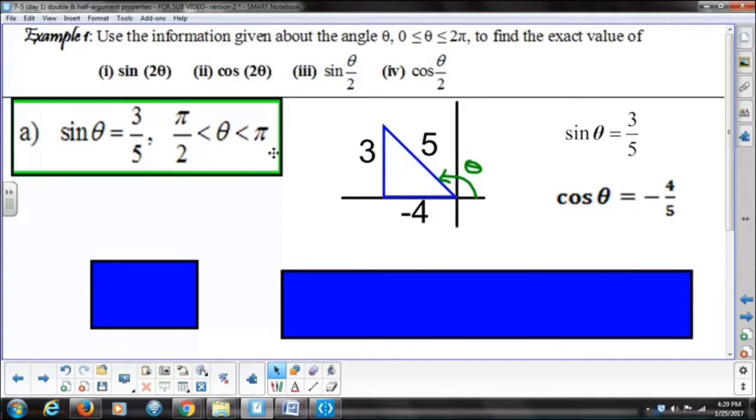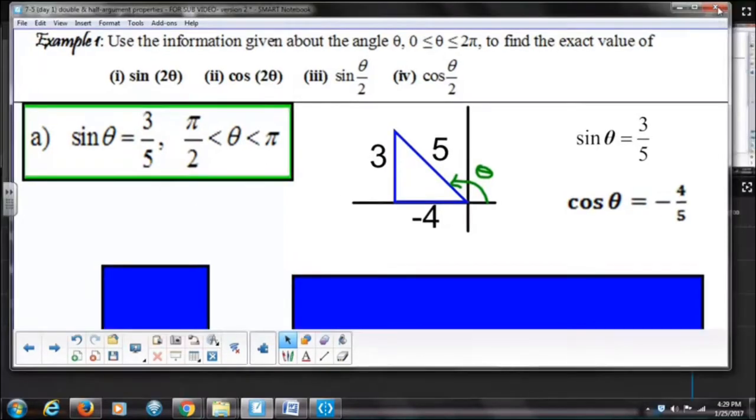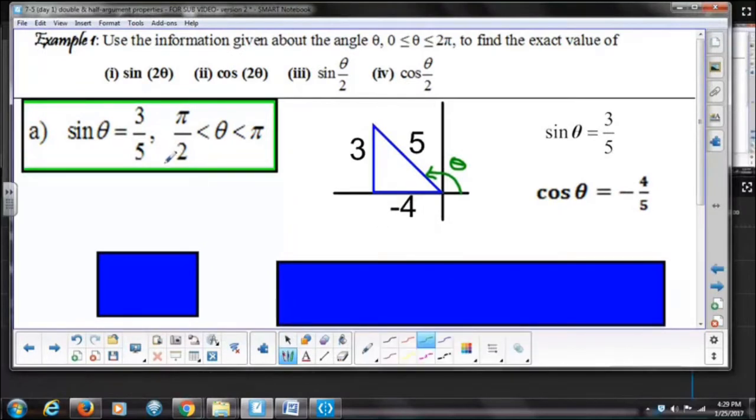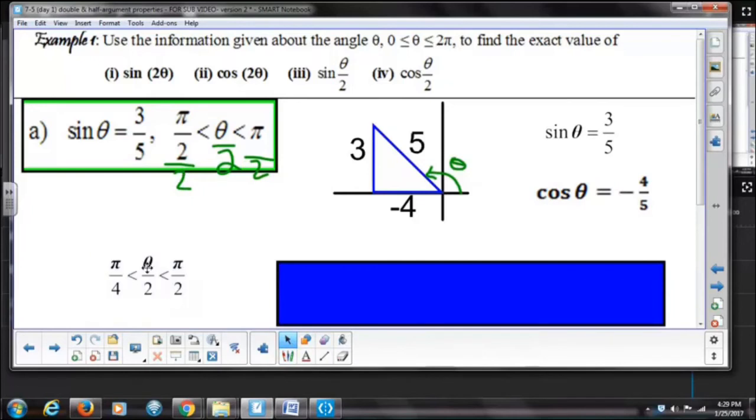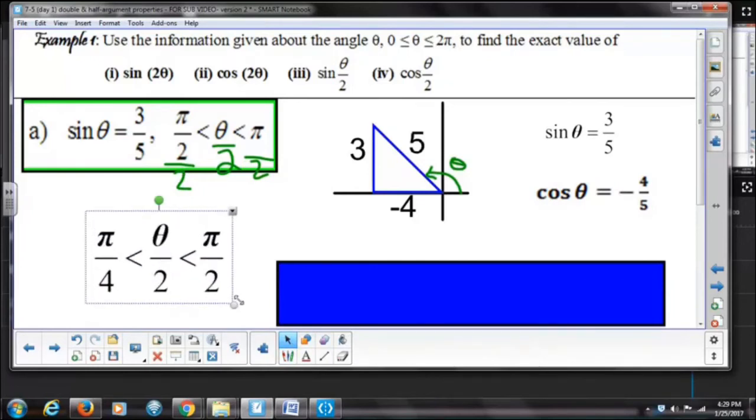So all you want to do is take half of that. So if you, let me make this a little smaller. If you take half of pi over 2 and half of pi, you get that theta over 2 is between pi over 4 and pi over 2.